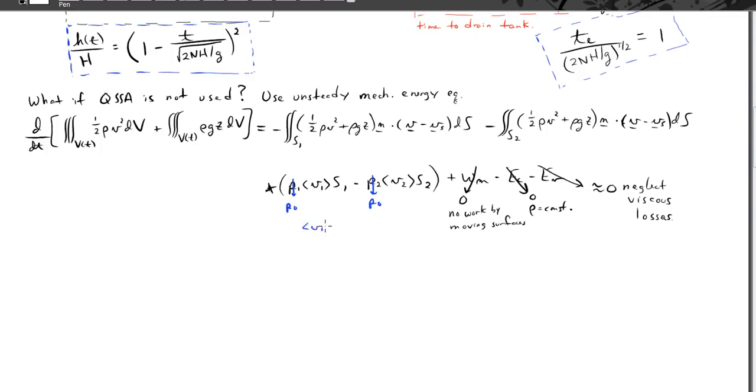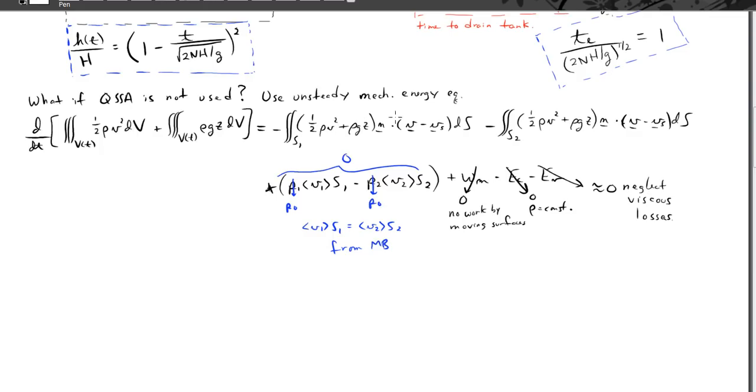So average velocity V1 times S1 is equal to average velocity V2 times S2, from the mass balance we considered previously. So this entire term involving the pressures is equal to 0 because the pressure is the same at the top and bottom surface. If the pressure weren't the same, this wouldn't go to 0, but in this case it does.